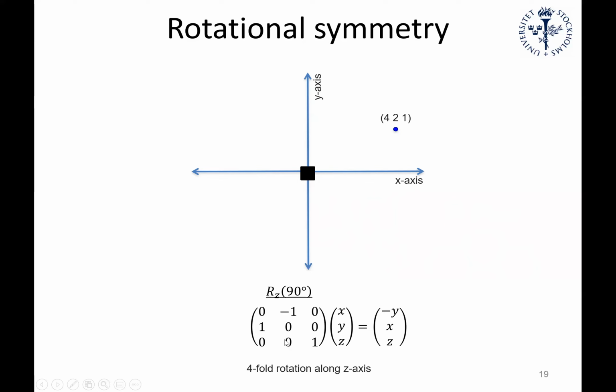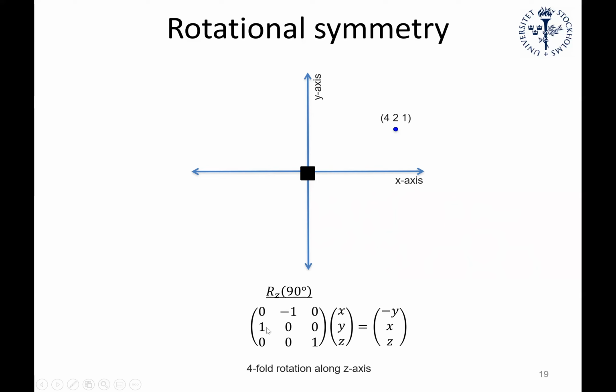There's a lot of zeros and ones and minus ones. If I look at this row right away, I know this is going to give me minus Y, because there's a lot of zeros that disappear in the equation.